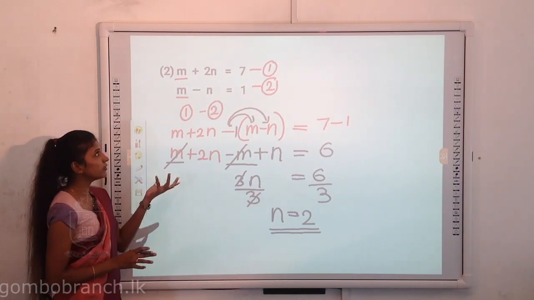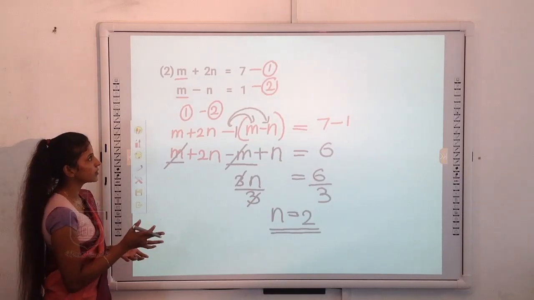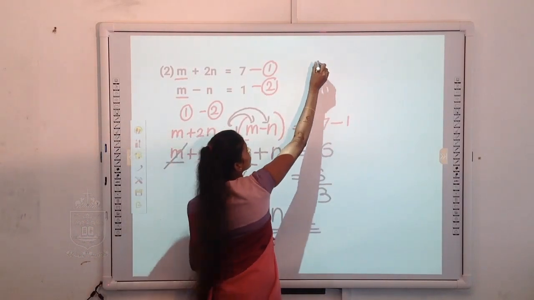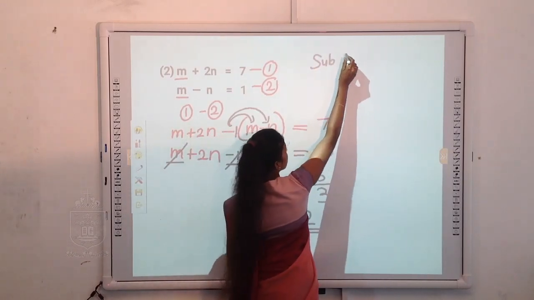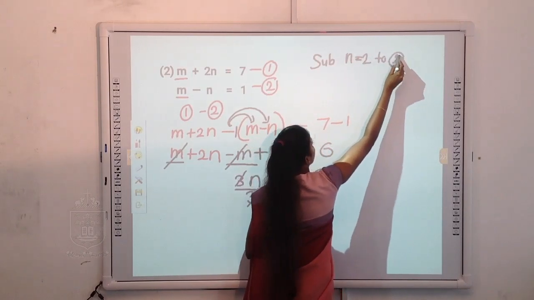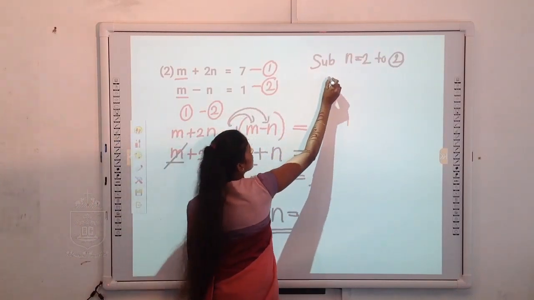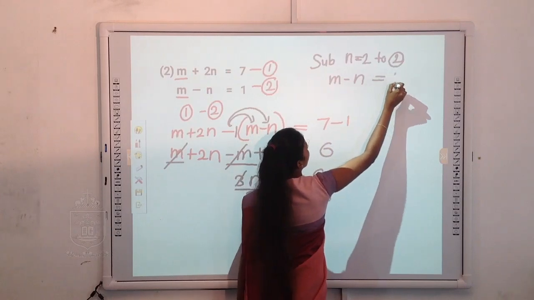This is only the value of n. You can find the value of m by substituting to any of the equations. So if I substitute n equals 2 to the second equation, that is m minus n equals 1.